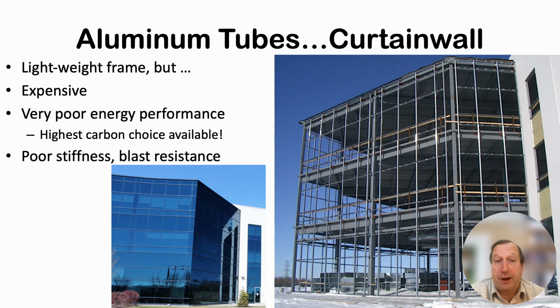You trade off the easy for the expensive. And of course, it has very bad thermal performance. We'll find that out, in terms of R values, in terms of solar control, it's pretty horrible. It's pretty bad for fire and sound, and pretty bad for blast resistance and flexibility. But it's shiny, and so people like it a lot.